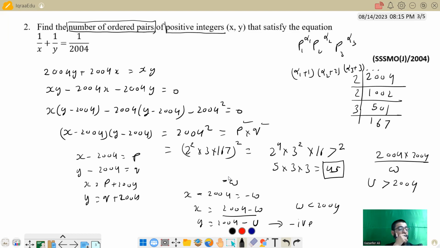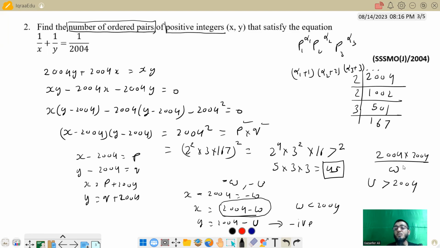Is this clear? Sir, can you repeat this once more? See, if you take the negative factors, let's say the two negative factors are minus W and minus U. If W is less than 2004, then X is 2004 minus W, which will be a positive number.